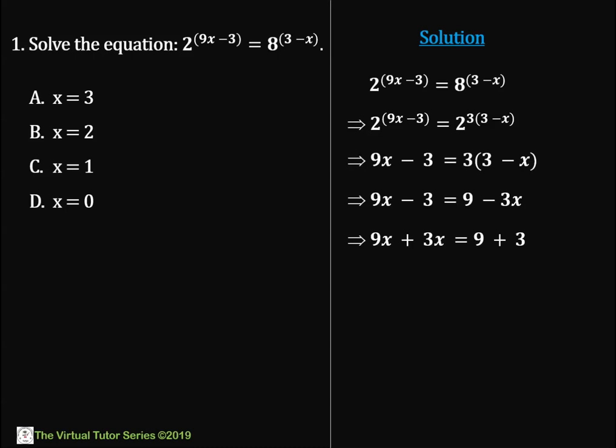So we have 12x is equal to 12. We solve for x by dividing both sides of the equation by 12. That is, x is equal to 12 over 12. 12 divided by 12 is 1. Therefore, x is equal to 1. Hence, the correct answer is option C.